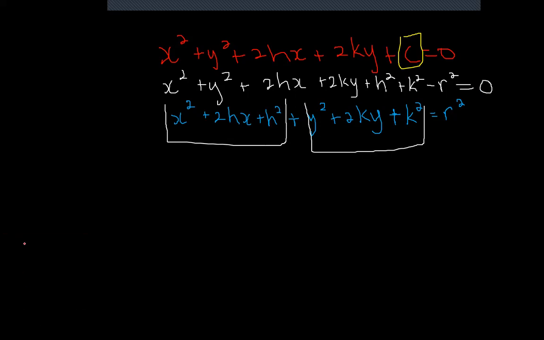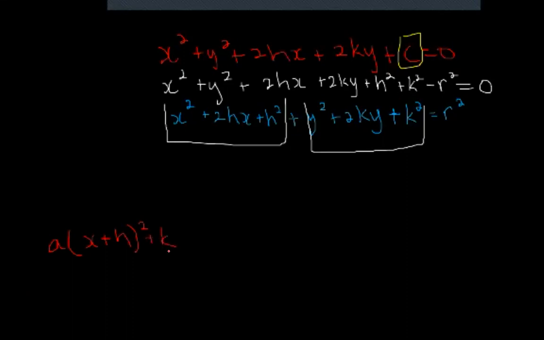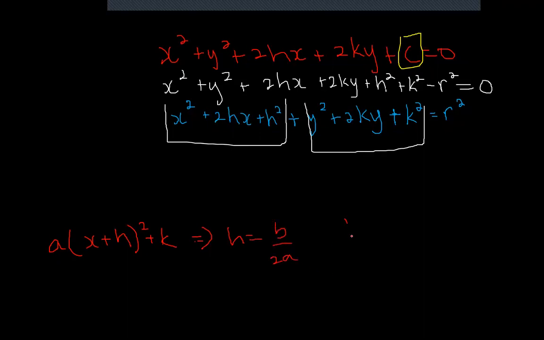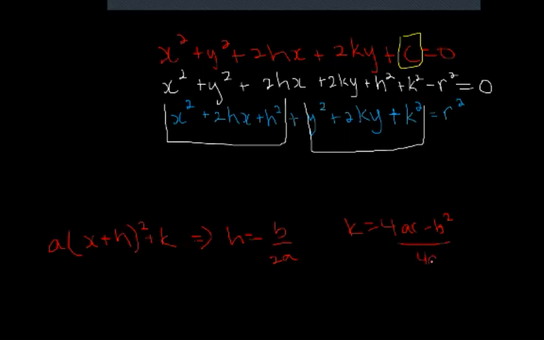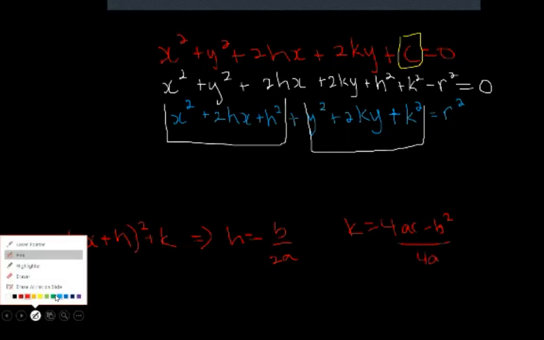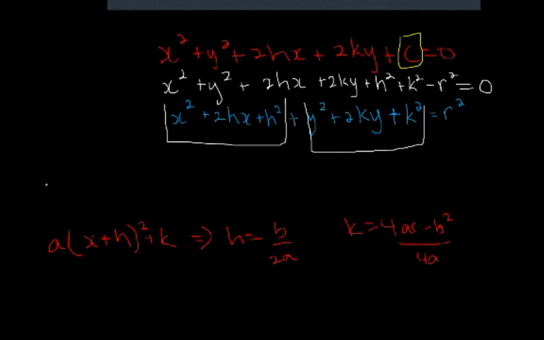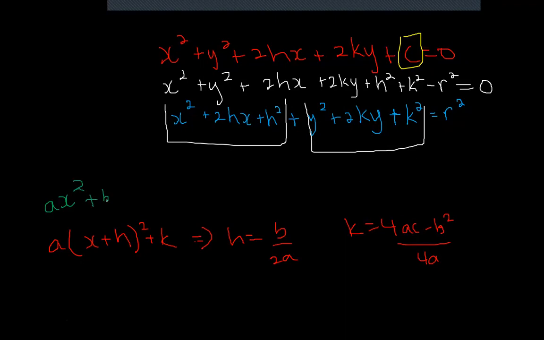Recall that the completed square form is a, in brackets, x plus h squared plus k, where h, the formula for h, is b on 2a, and the formula for k is 4ac minus b squared, all on 4a. Also recall that the general form of a quadratic is ax squared plus bx plus c.